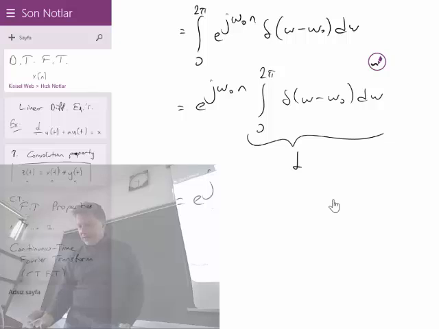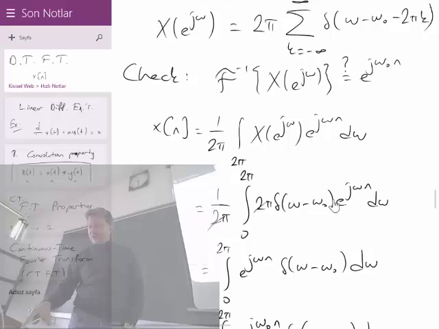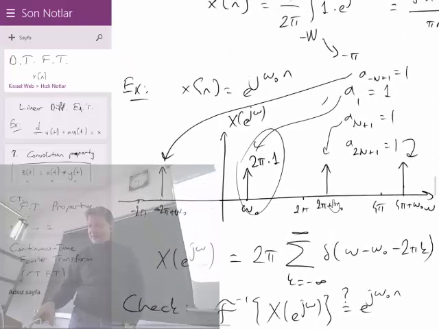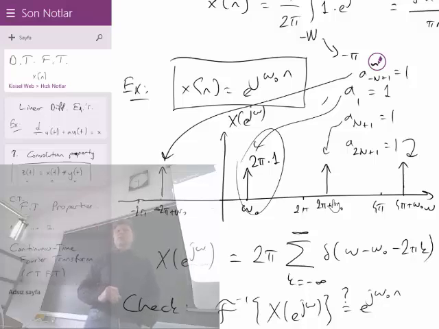So we have e to the j omega 0 n, which was the original question. This was the signal, if you remember. Right? So we found the inverse Fourier transform and verified that the inverse and forward Fourier transforms come up with the same things. Look at the original question.